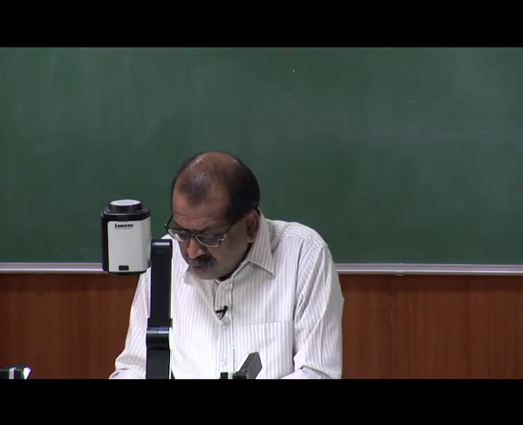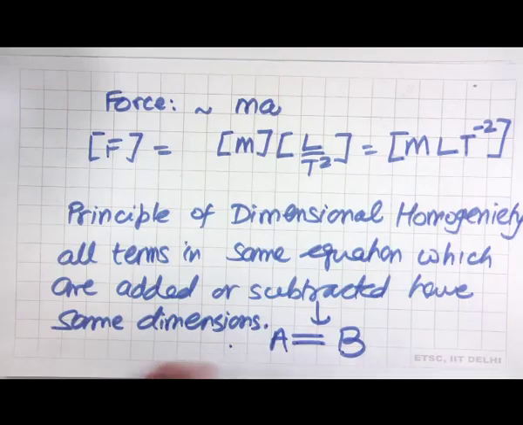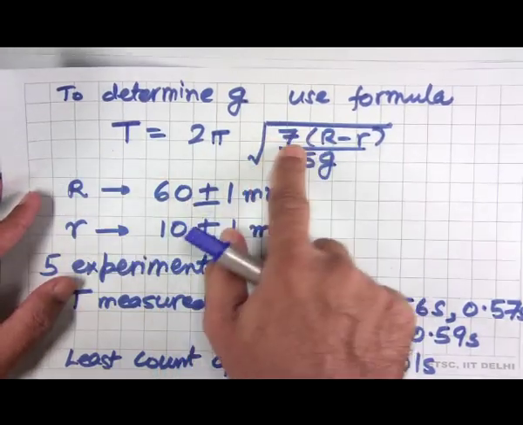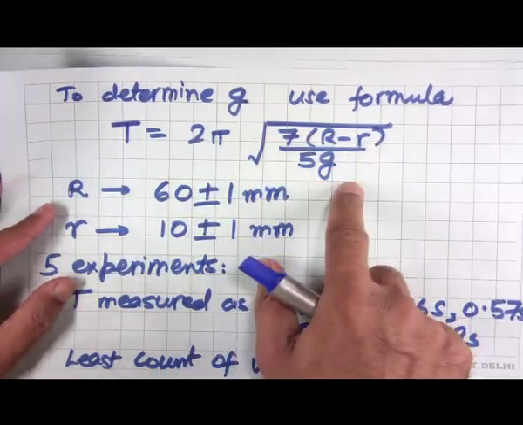So, now what one can do is, if I am given an equation as we had seen in the previous example, where there was a formula given to us in terms of time period, T is equal to 2 pi root of 7 times R minus r by 5g.